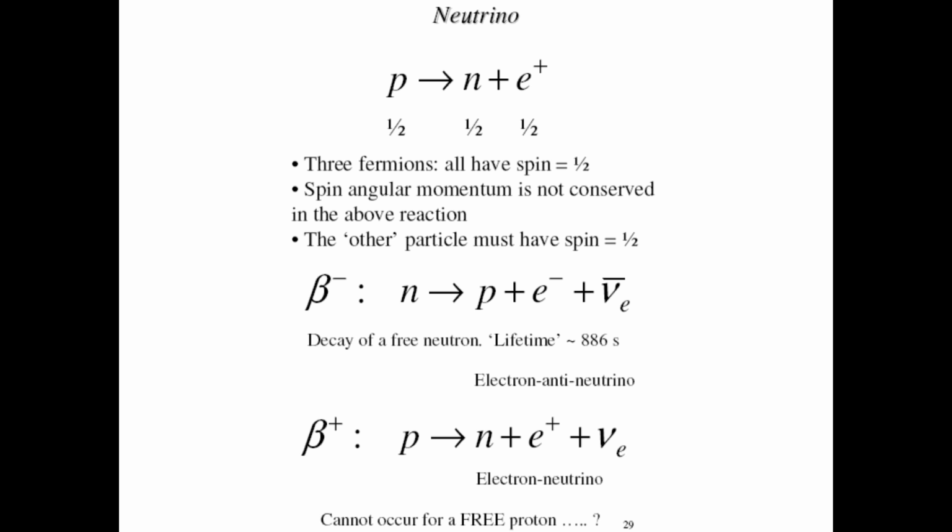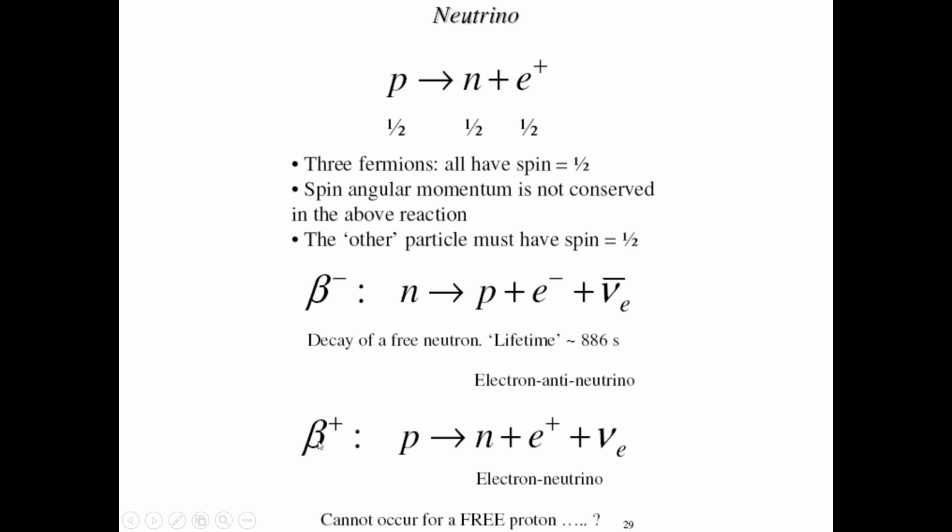That is, we have the decay of free neutrons, with a lifetime of approximately 886 seconds. After that, the neutron is converted into a proton with an electron and an antineutrino.